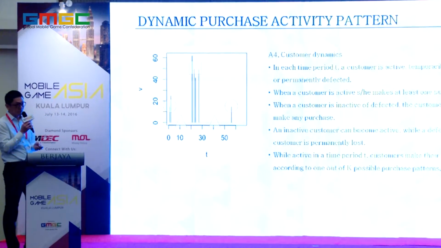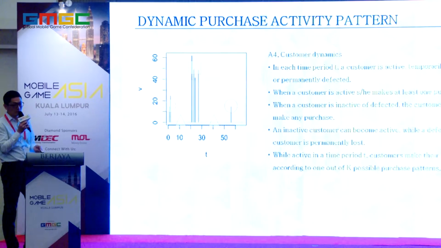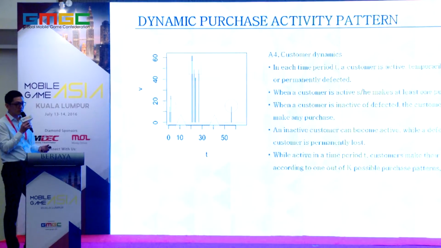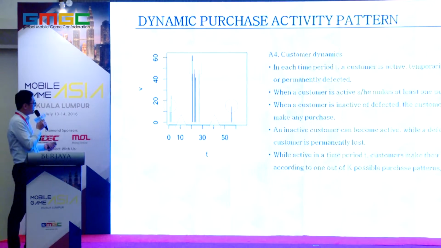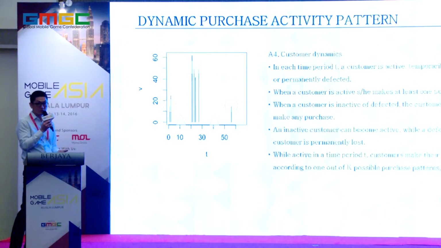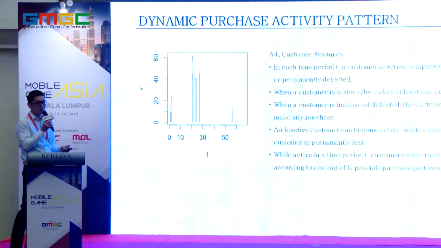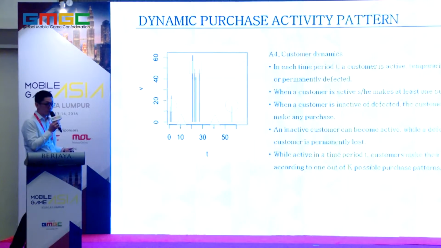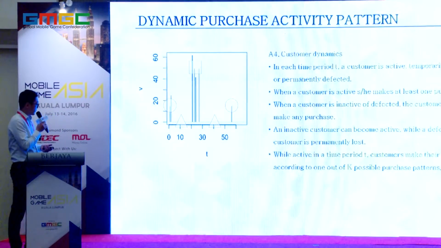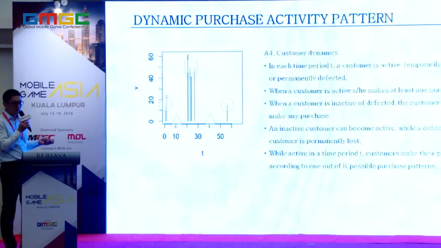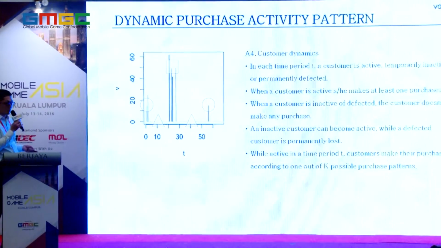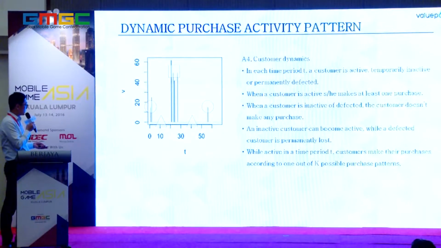What we have understood from this is that, first of all, this activity does not happen at regular intervals. Each purchase from the user varies in value each time. And between each purchase activity, there is actually a long time period in between.